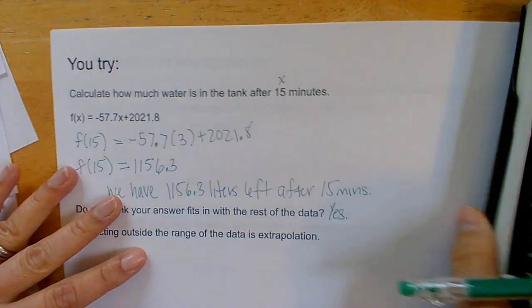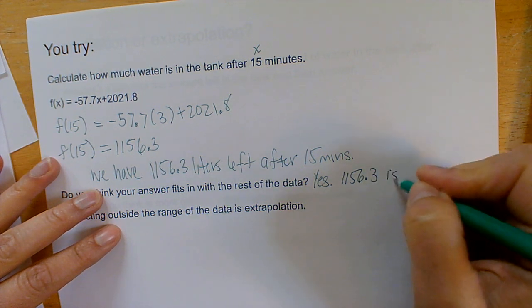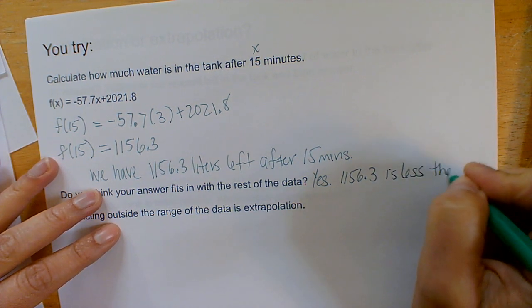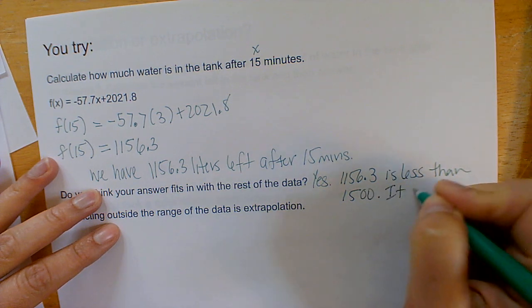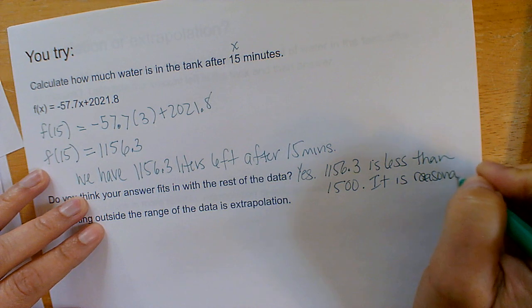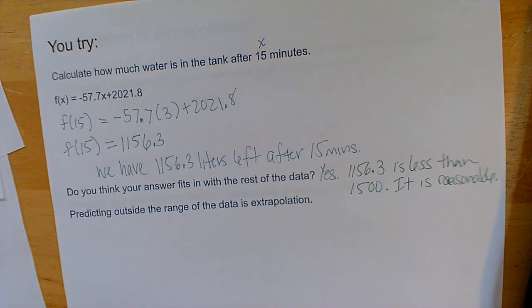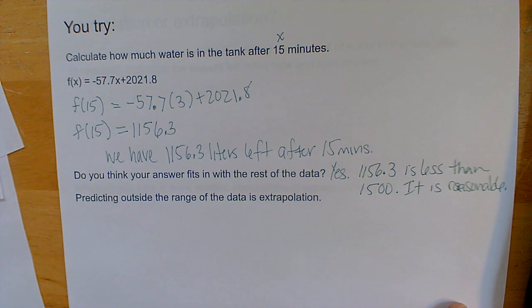Yes. It is less than 1,500. And I'm going to put it is reasonable. Because sometimes we might not get reasonable answers, and I'm wondering what those look like. So this is called predicting outside the range of the data, which is extrapolation.